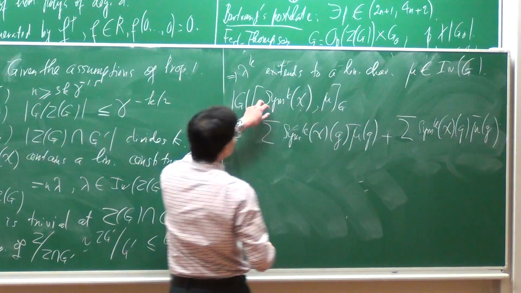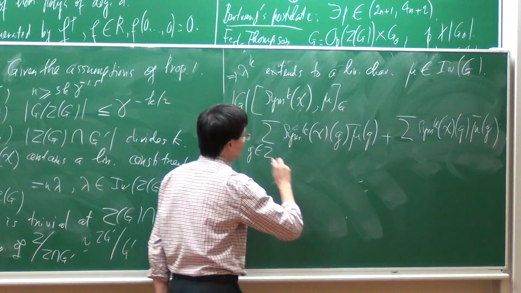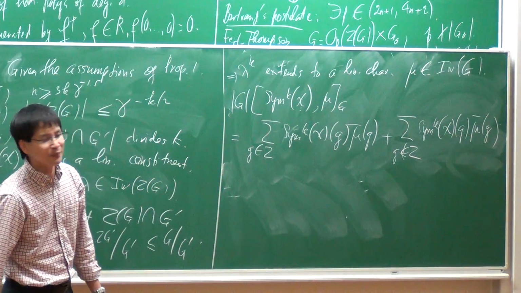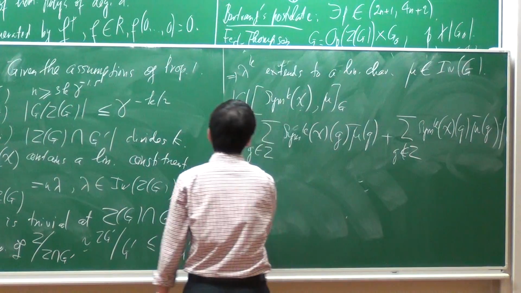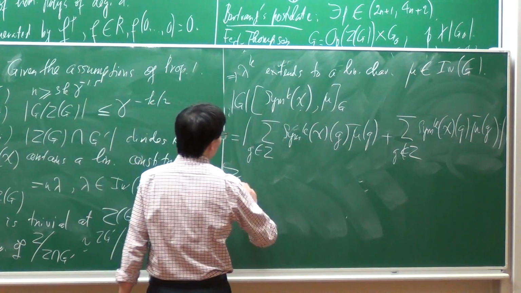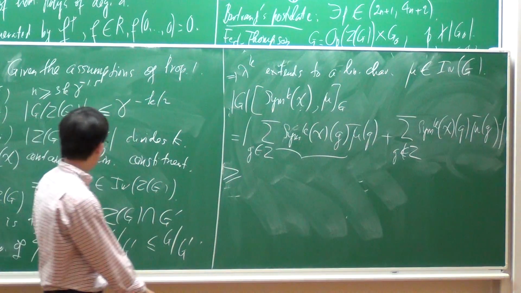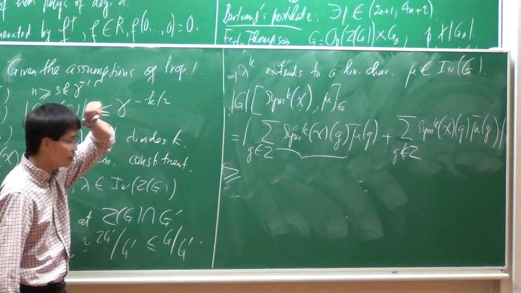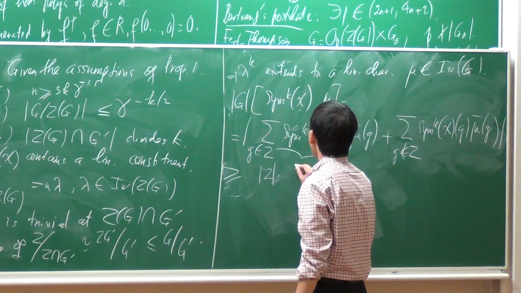Then this is a non-negative number, so I can replace it by the absolute value, and this is going to be at least the absolute value of the first term. But you can easily see this because mu is just the restriction of lambda to the k. So it means that this is just the order of the center times the dimension of Sym^k.